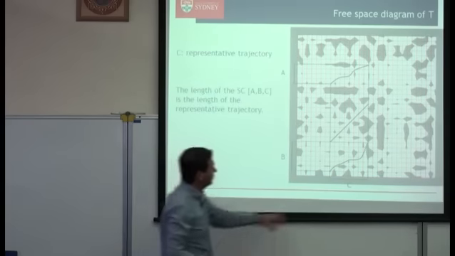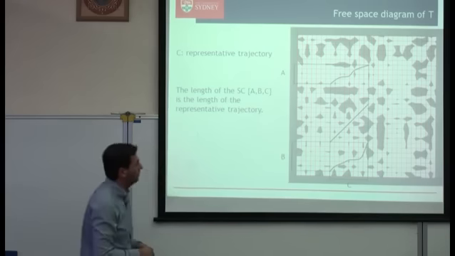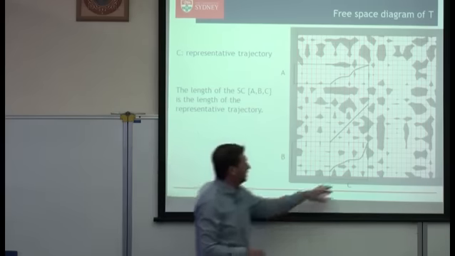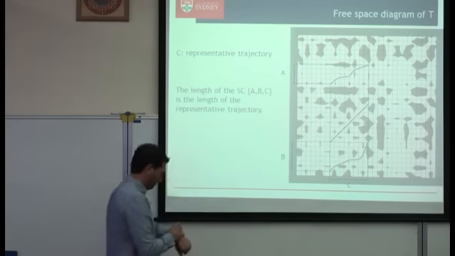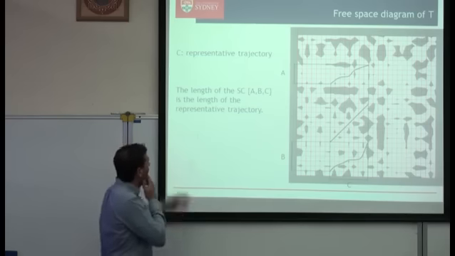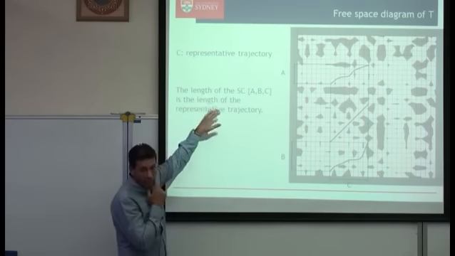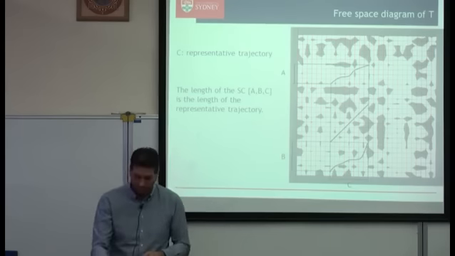So again, I want to call C my representative curve. So C is the one whose length I will measure. And as I said before, the length of a cluster is the length of the representative trajectory.